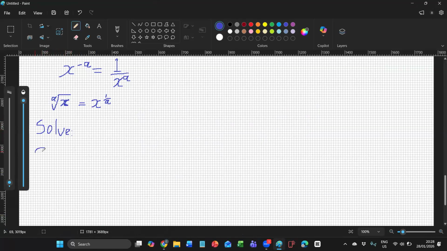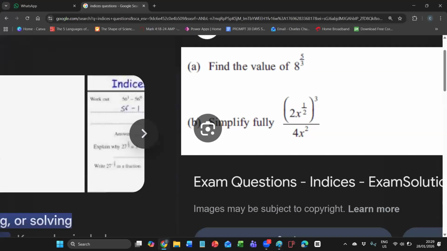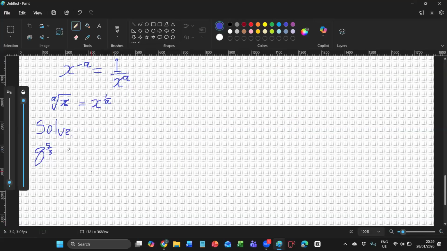Okay, so 8 raised to the power of 5 over 3. And they said we should evaluate that. Okay, so look at how I'm going to do it. Someone else may have a different method, but this is how I'll do it for simplicity. I would first remember that 5 over 3 is the same thing as 5 times 1 over 3, right?